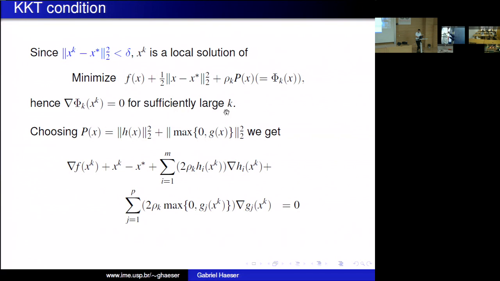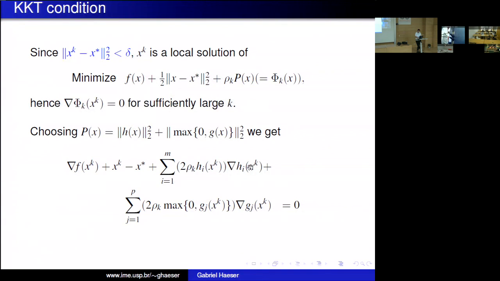And now it's rho k times the derivative of p. So the derivative of p is simply the sum of the squares of hi. So you will have something like this: 2 times hi at x times the derivative of hi.